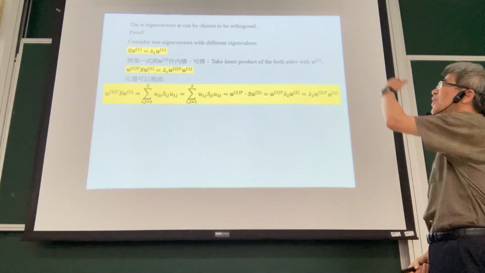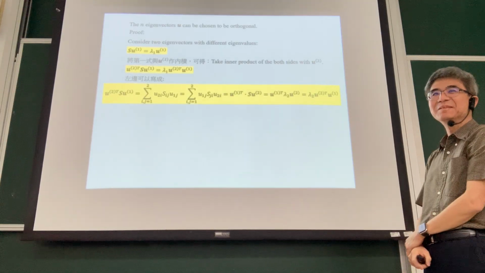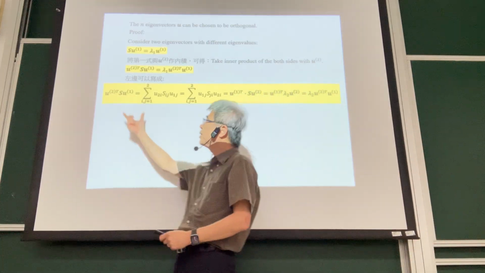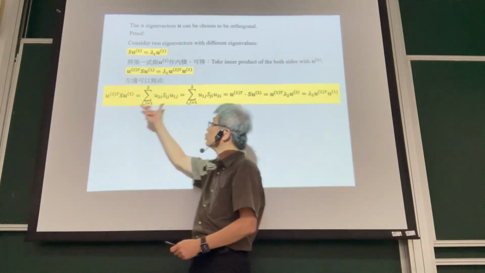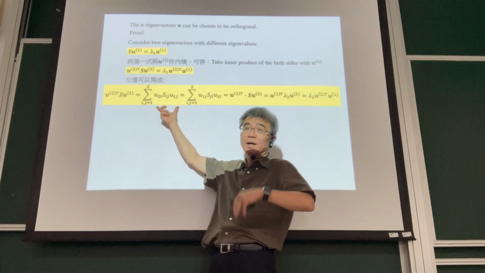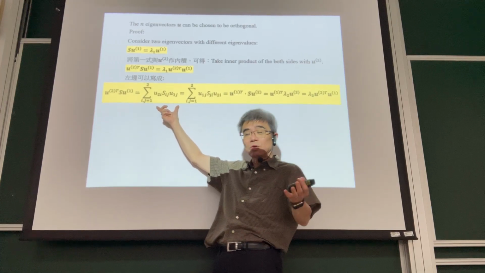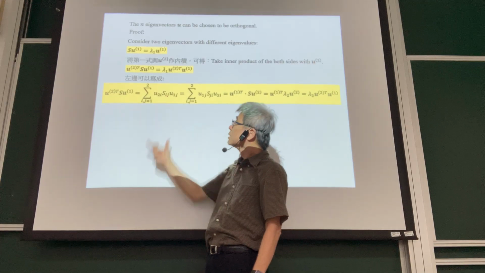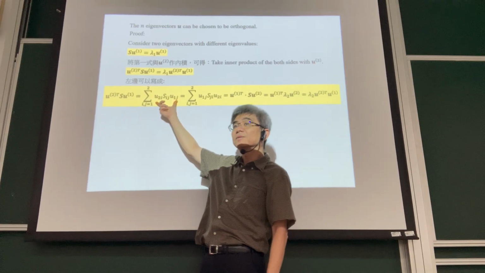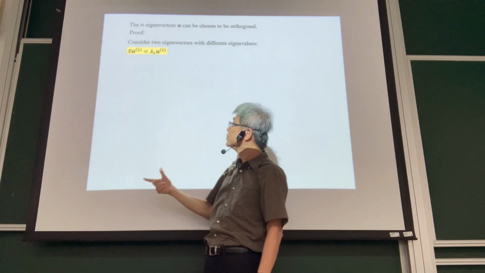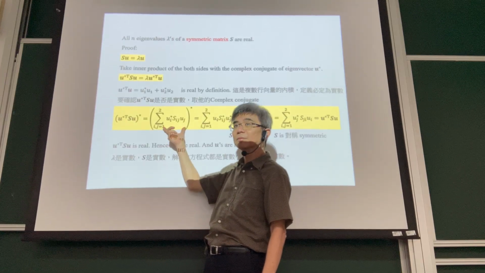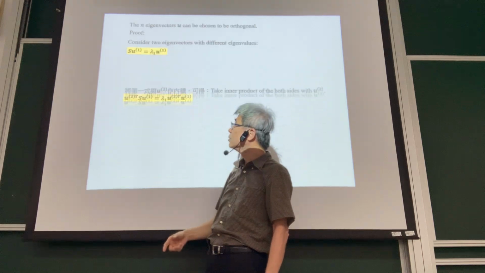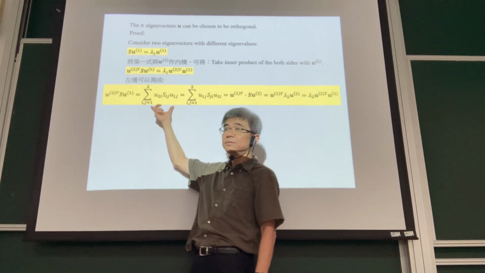I'm going to manipulate the same thing, but now instead of taking the complex conjugate, I manipulate the whole thing using the same formula. That's why I went very slowly in the first derivation, because this is exactly the same kind of expression. So if you could comprehend the first proof, you can now proceed to do this.